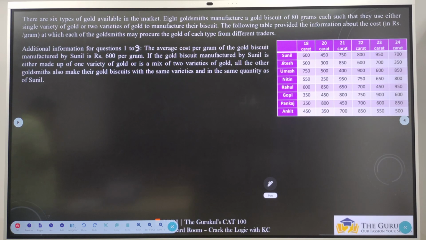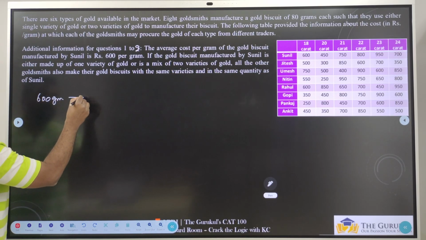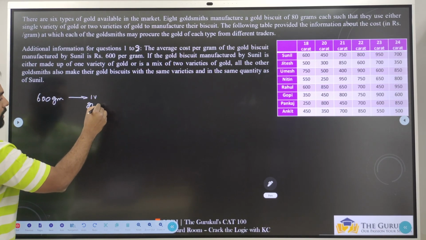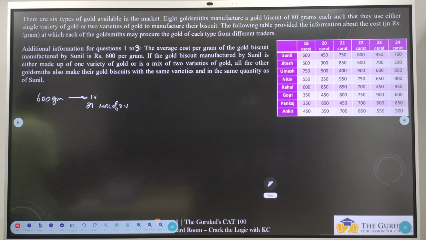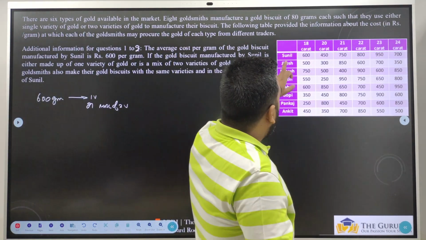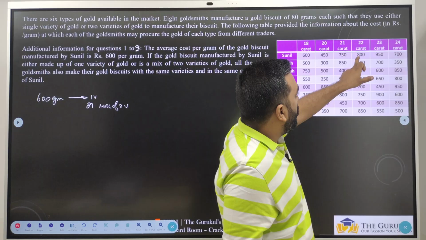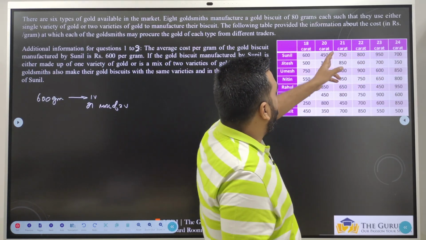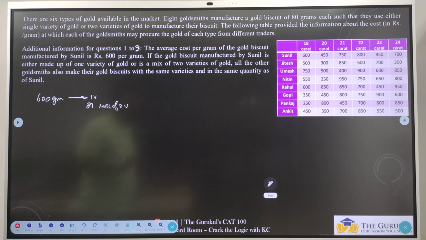Now, the average cost of the gold biscuit by Sunil is 600. It can be made with 1 variety or a mix of 2 varieties. That is the first part. If we observe carefully, if Sunil mixes 21 and 22, or 22 and 23, or 21 and 24, any of those combinations from 21 to 24, can he get 600?